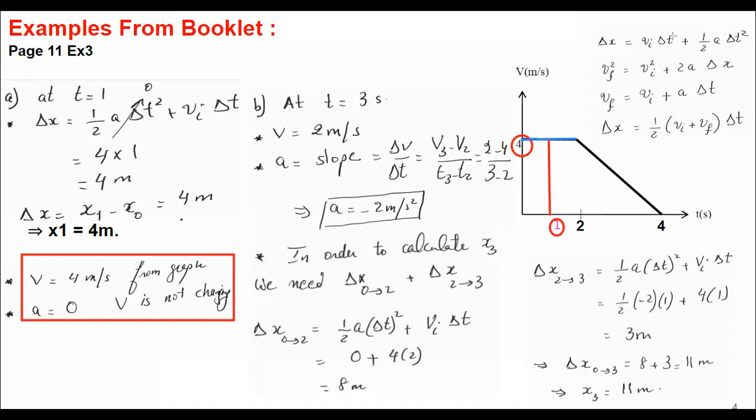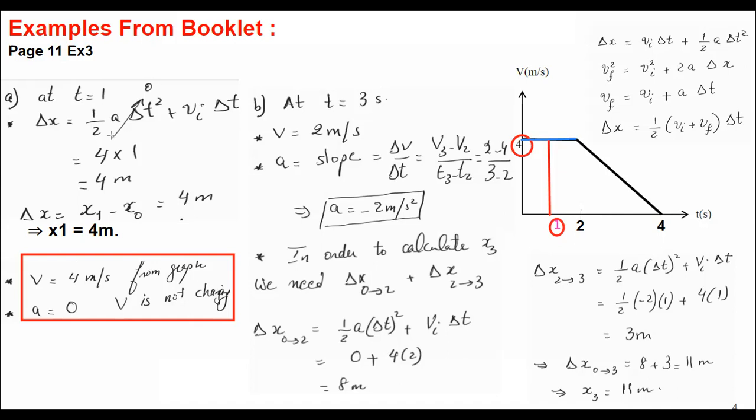I can use one of these 4 formulas, or I can simply use V average is delta X by delta T. Both will get me the same answer because here V is constant, which implies V average is delta X by delta T. Or I use, for example, delta X is half A delta T squared plus V initial delta T, the first equation.